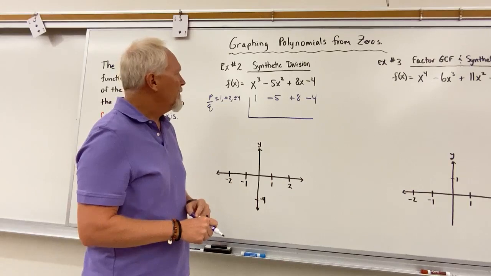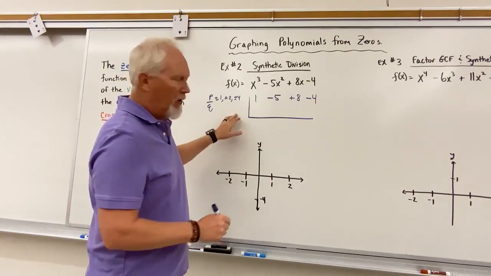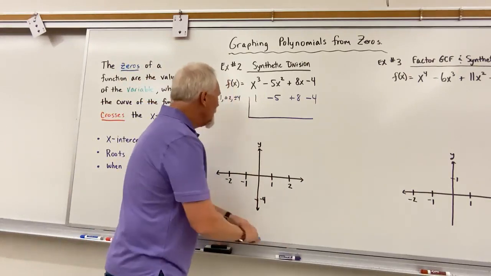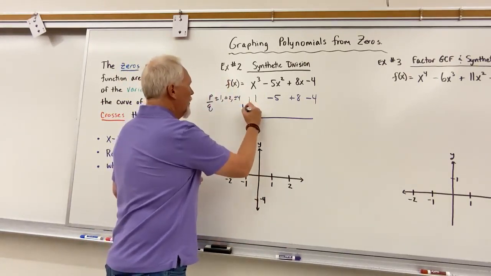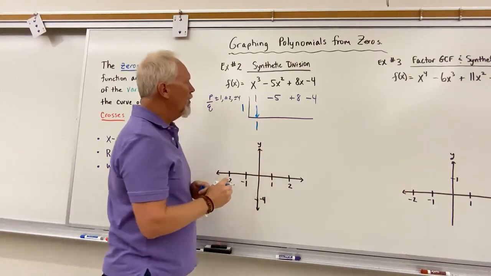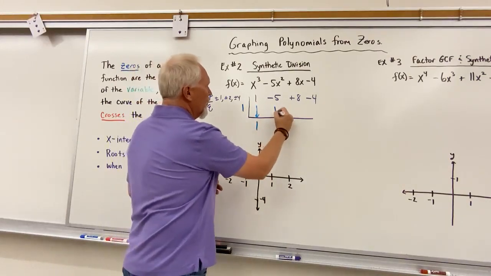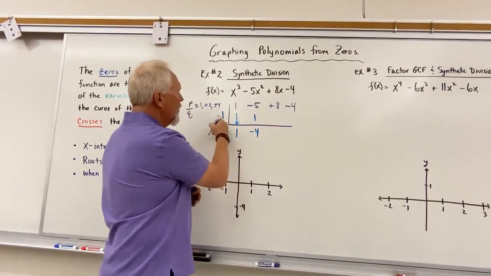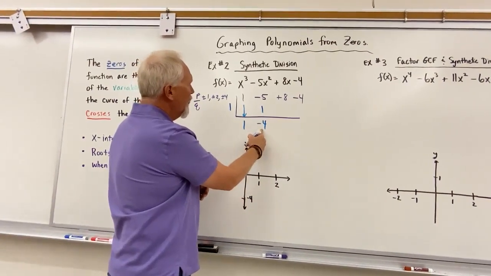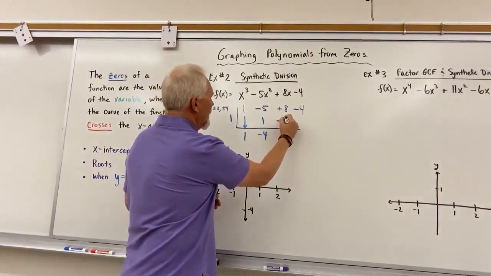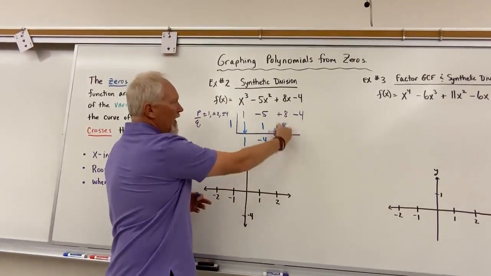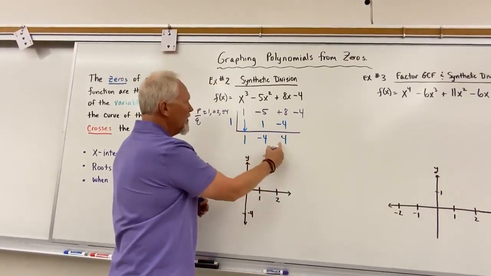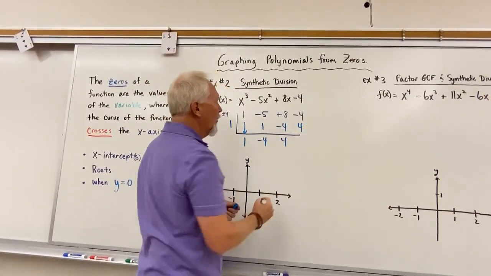If we try number 1, just the first number, and we get 1 out here, then we bring the 1 down. 1 times 1 is 1, and we add these two together, so that becomes -4. 1 times -4 is -4, and we add those two together. 8 minus 4 is 4, and we get 1 times 4 is +4.